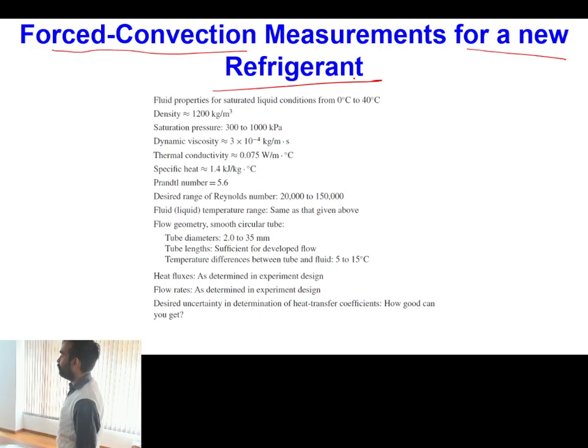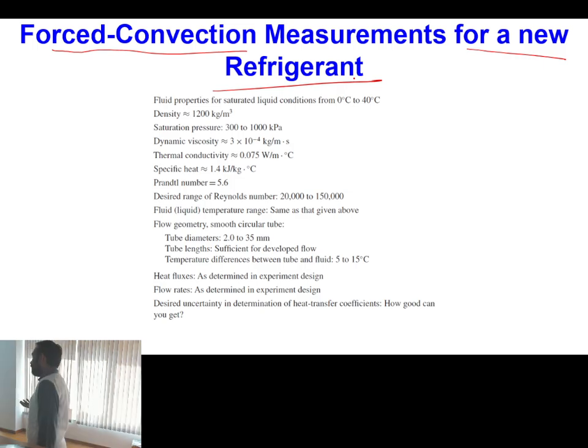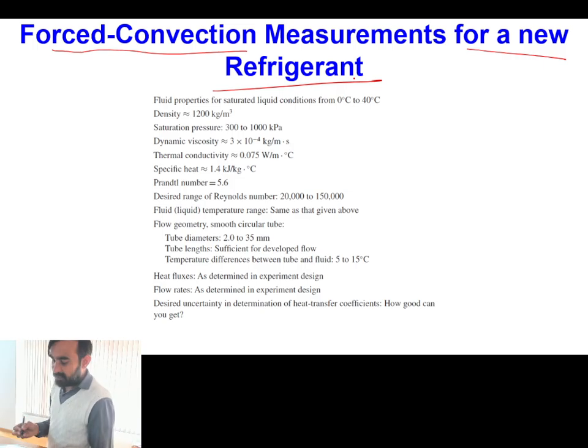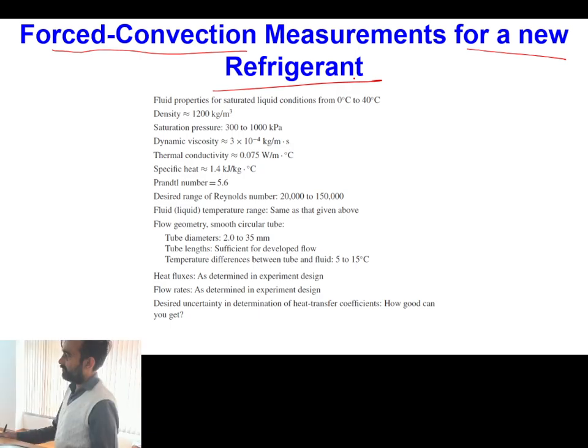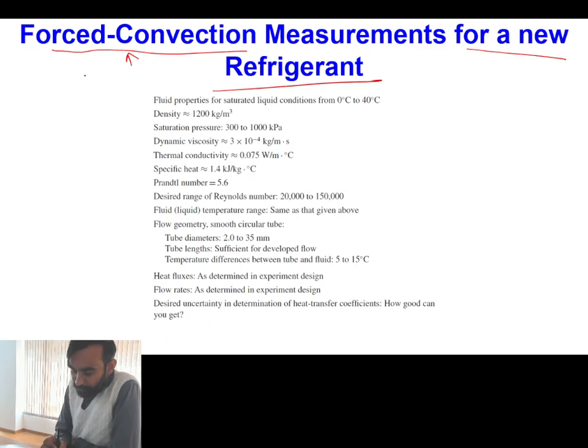So what do you need to do? What do we mean by heat transfer characteristics under forced convection conditions? Mostly, whenever forced convection is involved and our interest is in calculating the heat transfer characteristics, our interest will be in identifying h, which is known as the convective heat transfer coefficient.